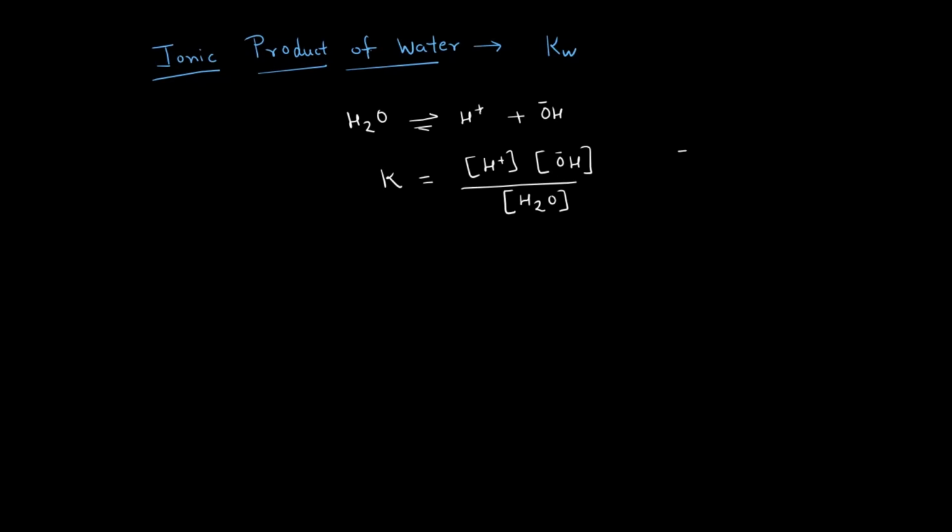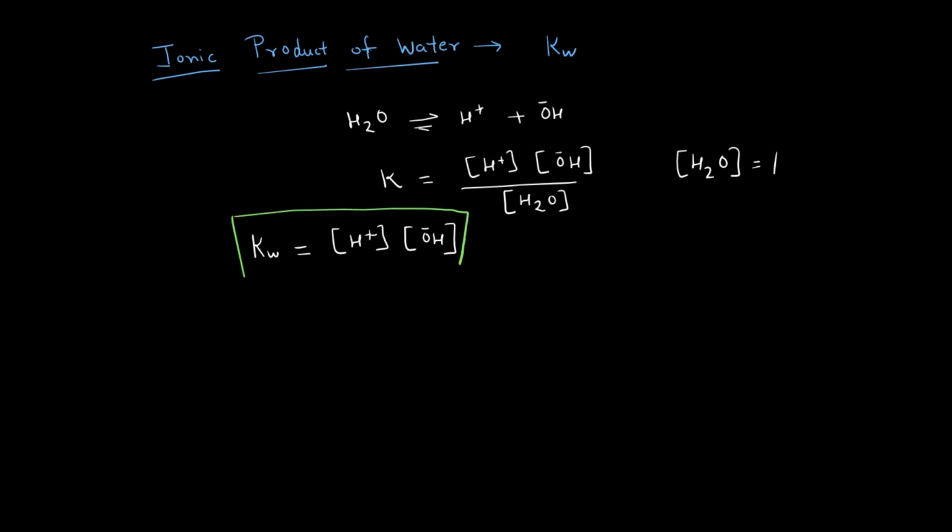Now we know that for pure liquids the molar concentration is 1, so we reduce this formula to H+ ion concentration multiplied by OH- ion concentration. The product of H+ and OH- ion concentration is called the ionic product of water, Kw.